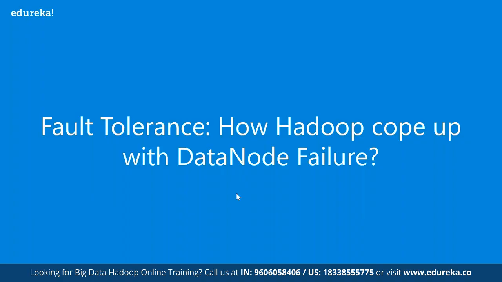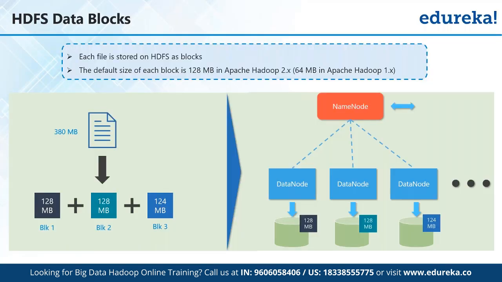Now, fault tolerance, how is it taken care of? For example, let's say your file has 3 blocks, 128, 128, 124, which is 380 MB. So this is how you will store data in Hadoop. You chop it into different blocks and store data like this.